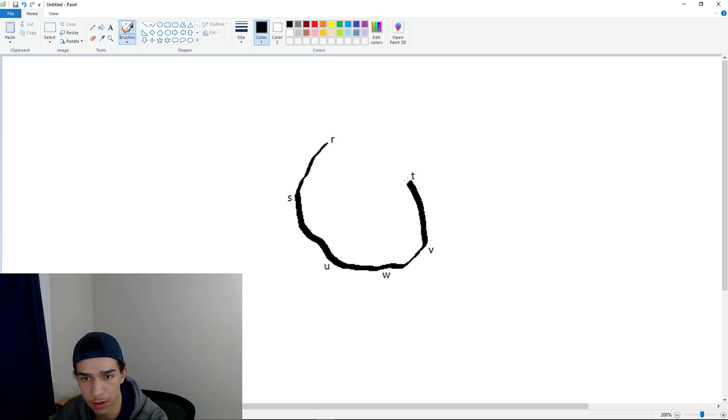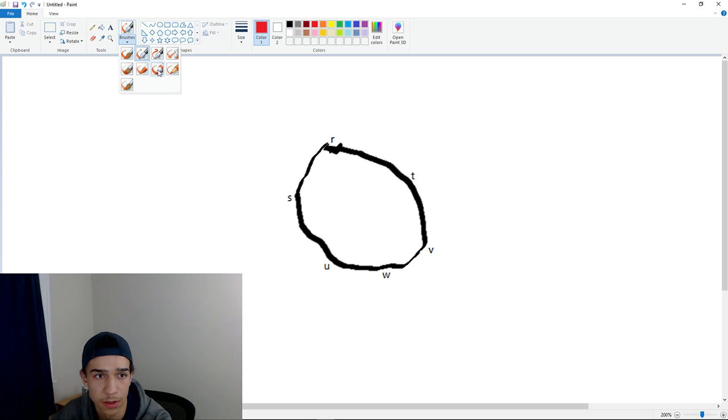I'll make little dots where we have our vertices. Let's see if we can bring in a different color here. I'll put them as red dots, that way we know.